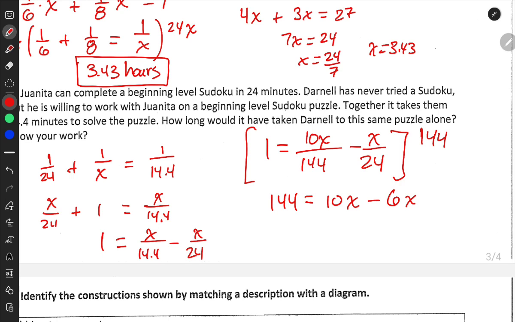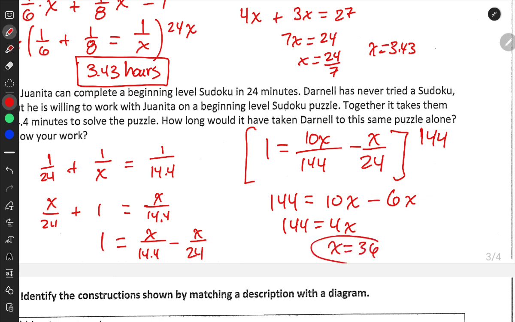Oh my gosh, that's so much more beautiful. I love that. Therefore, 144 is equal to 4x, and 144 divided by 4 is going to give me the number 36. So apparently x is 36.